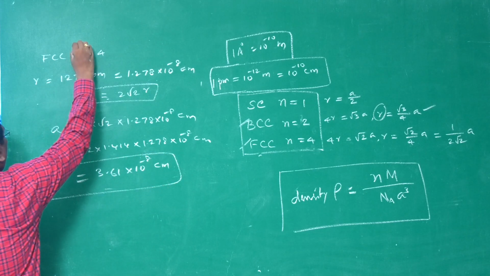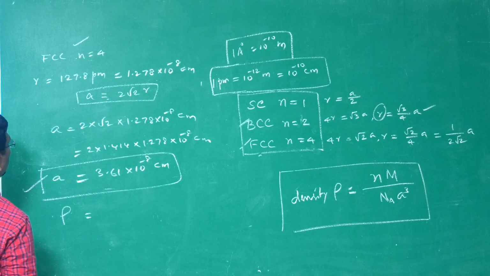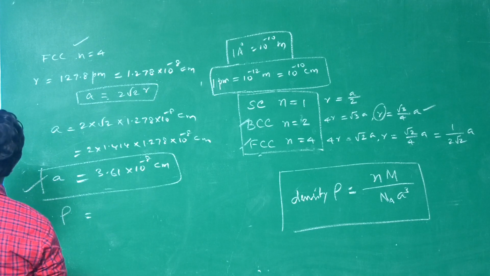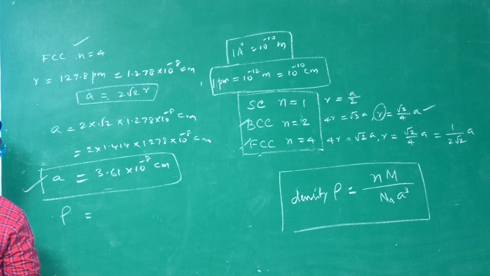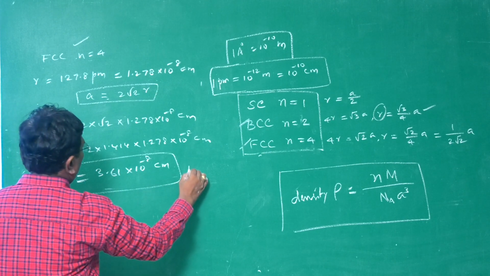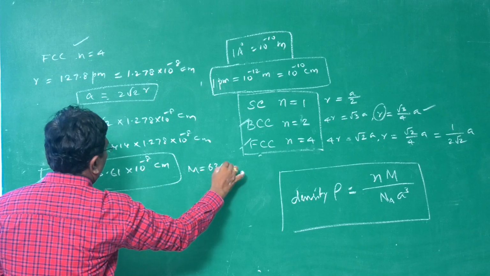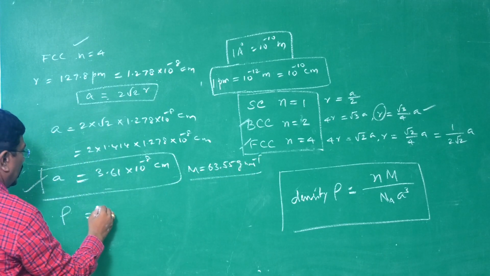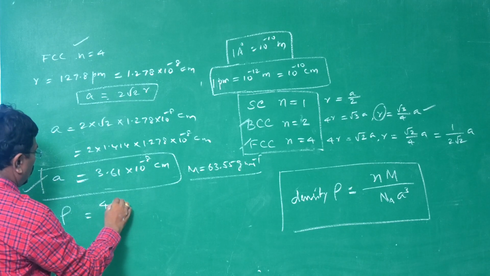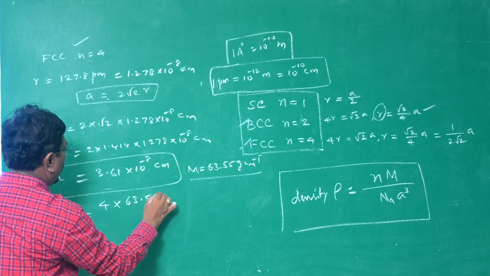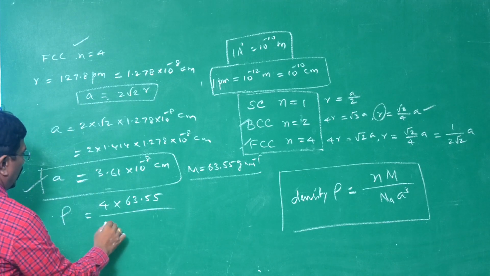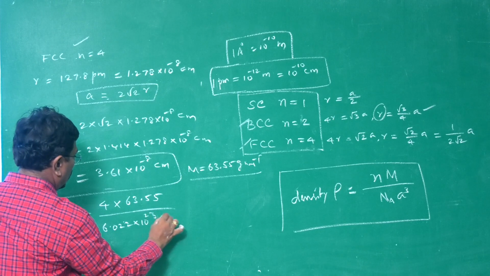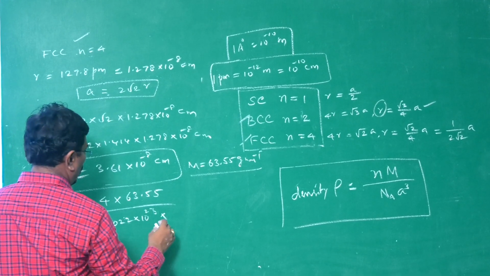A is known, n is known, then rho is equal to molecular mass. For copper, we know the atomic mass, which is 63.6 or 63.55. M is equal to 63.55 gram per mole, the atomic mass of copper. So rho is equal to number of atoms 4 into 63.55 divided by Avogadro number 6.022 into 10 power 23 into A cube.